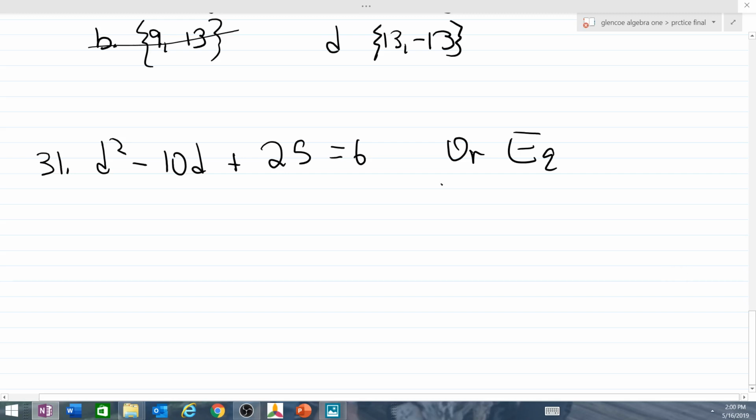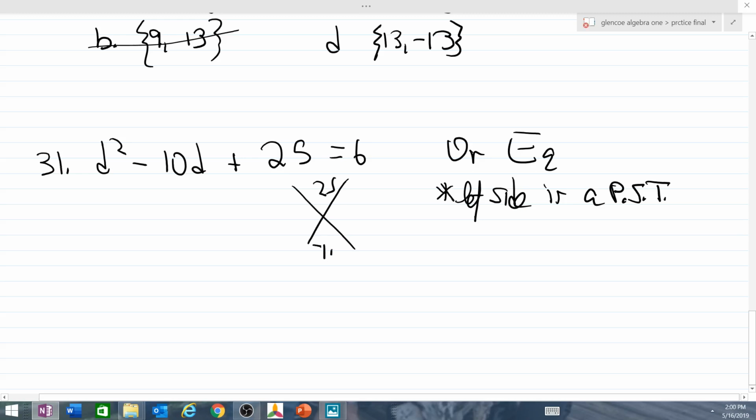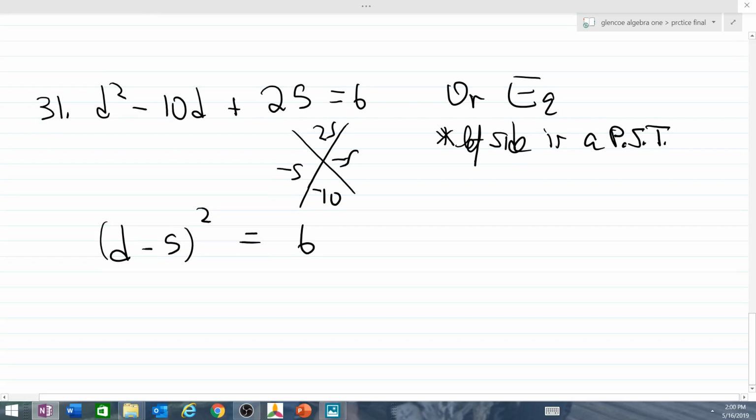You need to recognize that the left side is a perfect square trinomial. So that means what multiplies to 25 and adds to negative 10? This would factor as d minus 5 quantity squared equals 6. What's the opposite of addition? Opposite of multiplication? What's the opposite of squaring something?